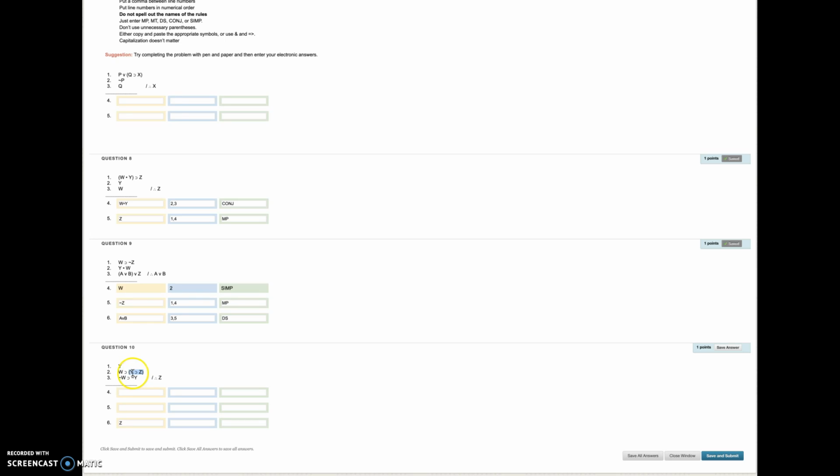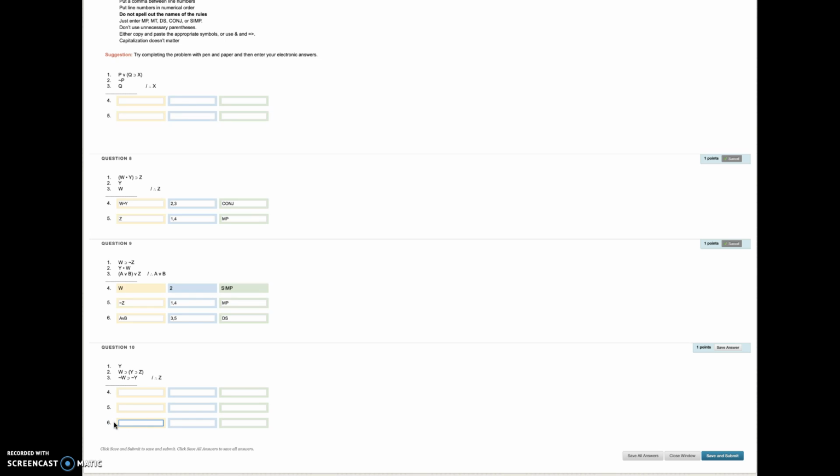This is the consequent of a conditional. So if I were to use modus ponens to get that on its own line, I would need w. How can I get w? Well, the only other place w is down here. And actually, I want the negation of this antecedent. That would be w. So I'm thinking modus tollens. To get the negation of this on its own line, I would need the negation of this. And I have that.